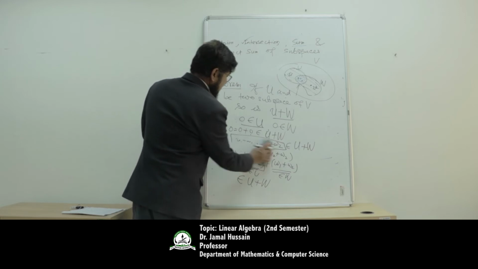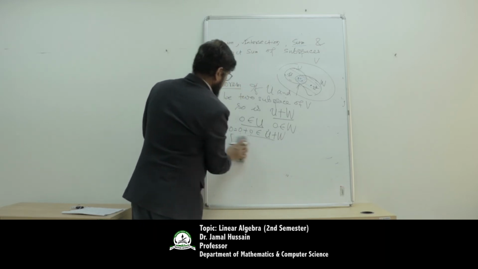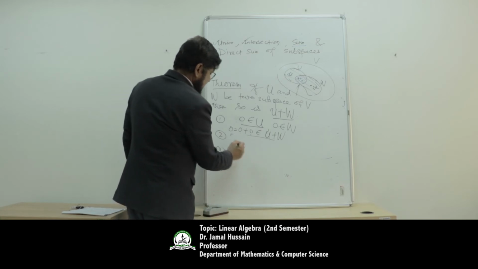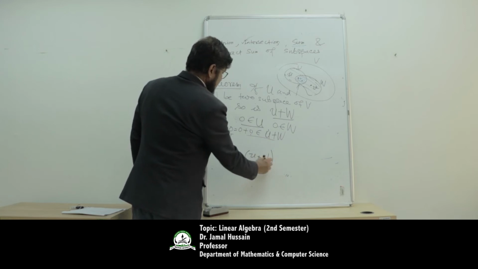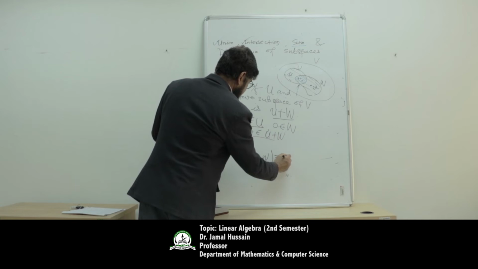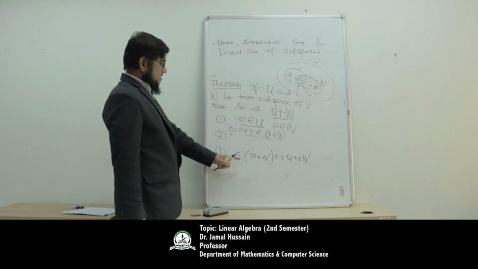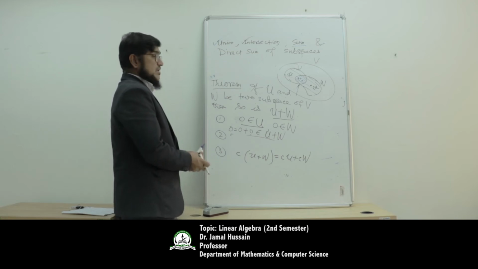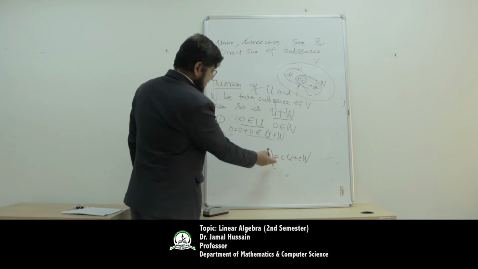So this is number 2, and number 3 says scalar multiplication. I take any scalar C, and any vector in U plus W, like U plus W. Then can I write this as Cu plus Cw? Don't think that these are numbers. Initially, when I defined vector space, I said these are objects.